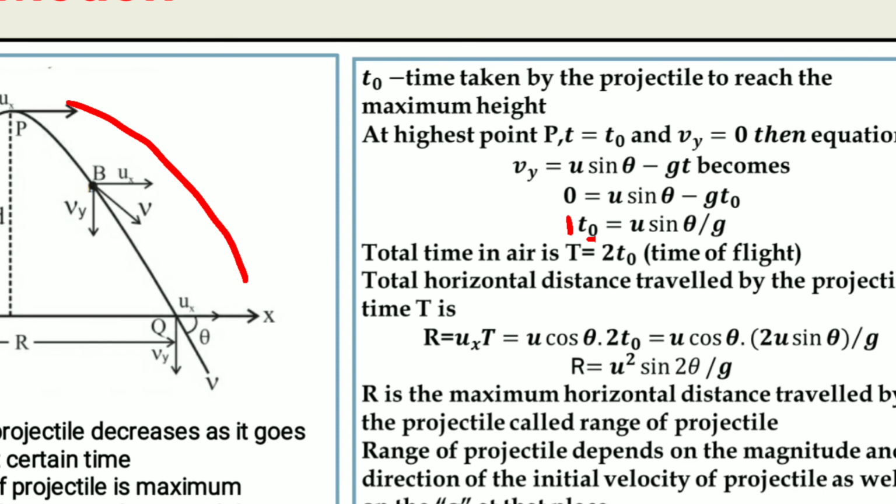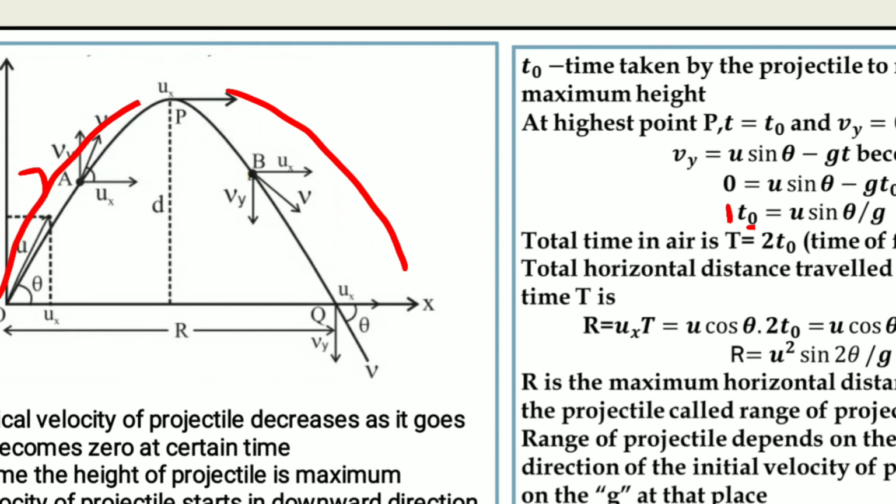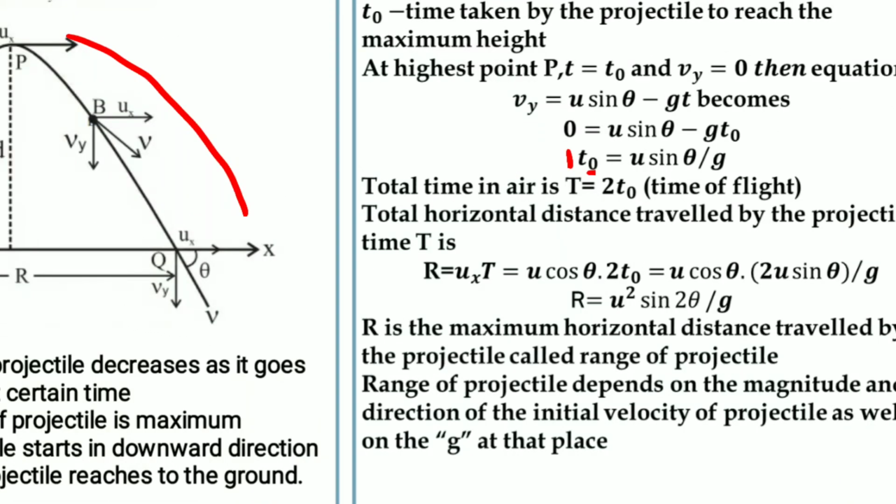The total horizontal distance travelled by the projectile in time T is R, equal to ux T. Again, R is the displacement. ux is the horizontal velocity of the projectile, and T is the total time taken by the projectile to reach from point O to Q. So here ux is u cos theta into 2T0.